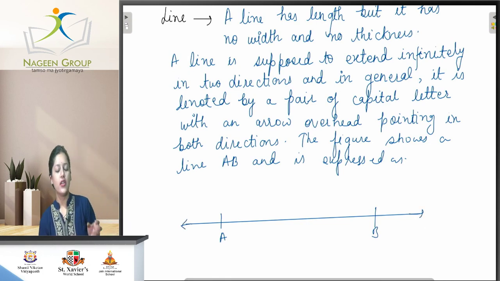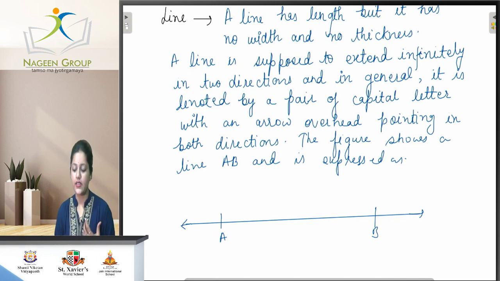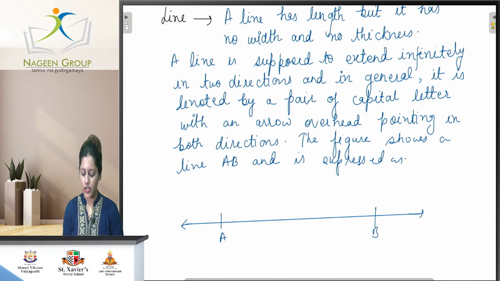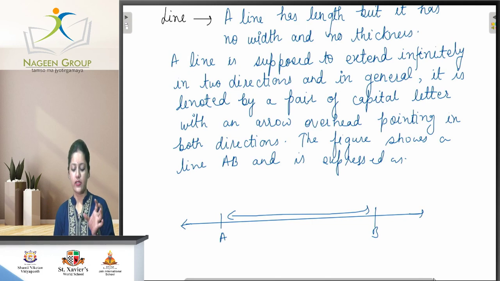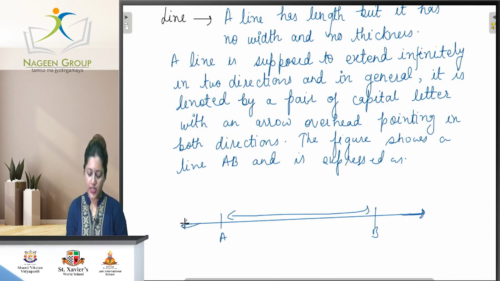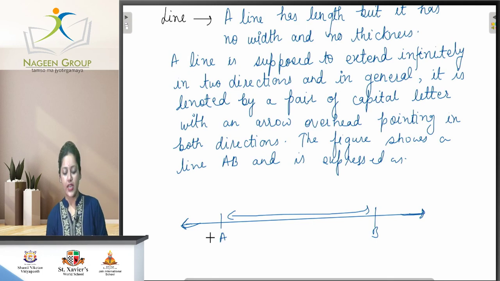Here it is written, a line has length but it has no width and no thickness, meaning it has only length, this much length only. Also a line is supposed to extend infinitely in two directions, that is, it increases infinitely in both directions.